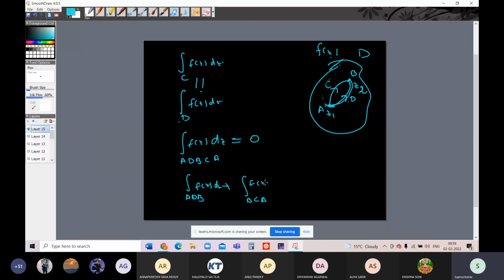And you know that this reverse path BCA can also be written as minus ACB. From here, this is the path D and this is the path C. This will imply that the integral along the path D, ADB, of f(z) dz must be equal to the integral of f(z) dz along this path C.